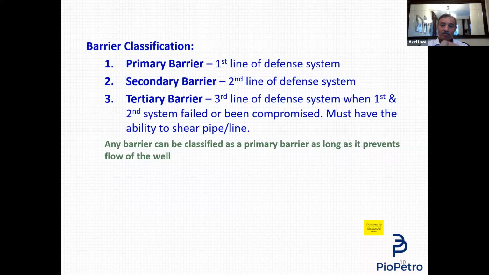But you guys have to know that the barriers play with each other as a team, meaning that if the primary barrier fails, then you stop the operation, close your BOP, and secure the well till you repair your primary barrier.